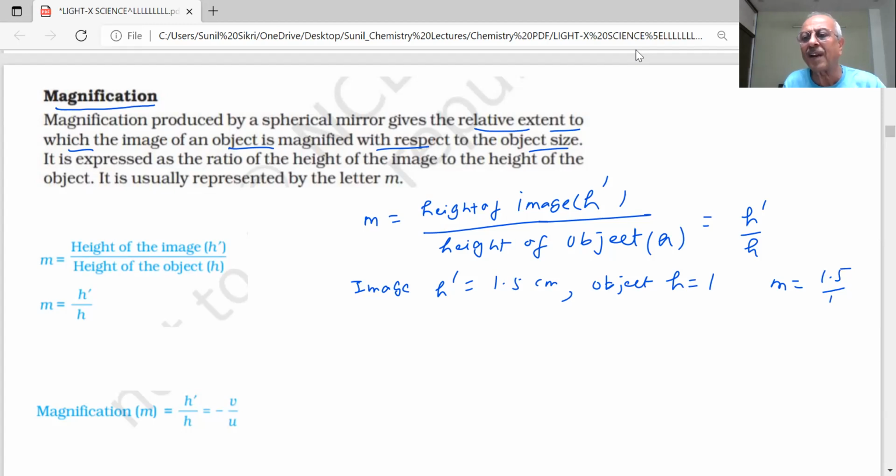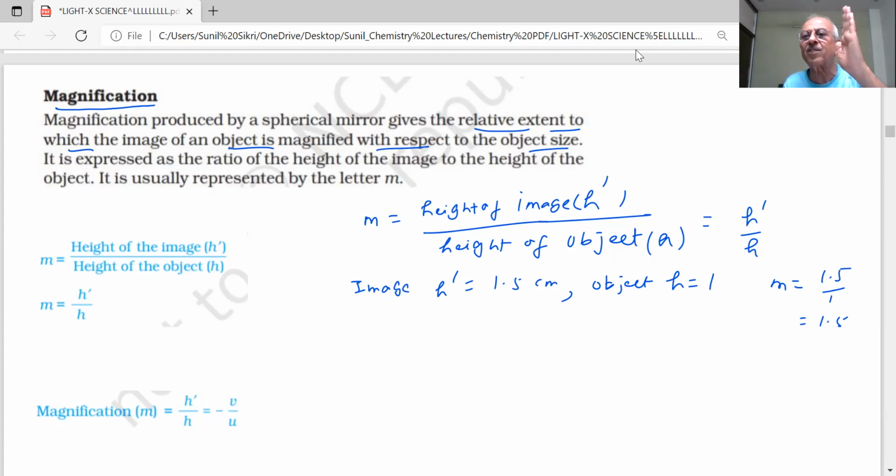In other words, the image is 1.5 times larger than the size of the object. Is it clear? So we have to know the height. But then again, there will be a sign involved. If the image is formed below, then it becomes negative. If the image is above the principal axis, it is taken as positive. So we have to be careful about the sign convention.